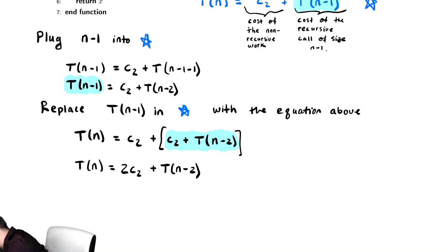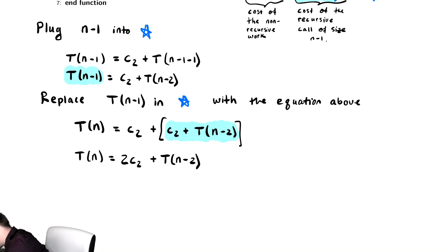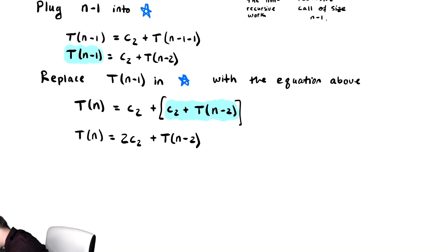So we've done this once. Let's do it again. I'm going to do this in a different color, just so we can easily differentiate what's going on. We're going to plug n-2 into star.